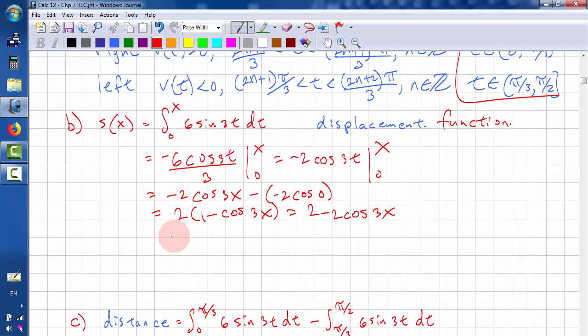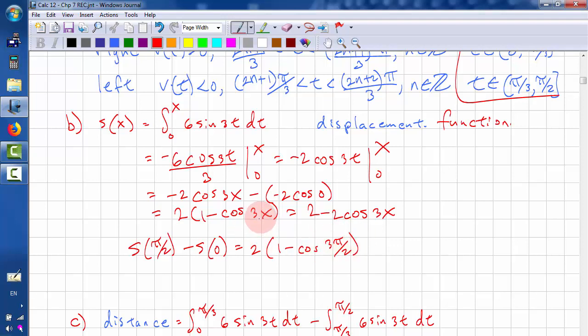Now we have our displacement function. We can just substitute our limits of integration. s of pi over 2 minus s of 0, 2 times 1 minus cos 3 pi over 2.